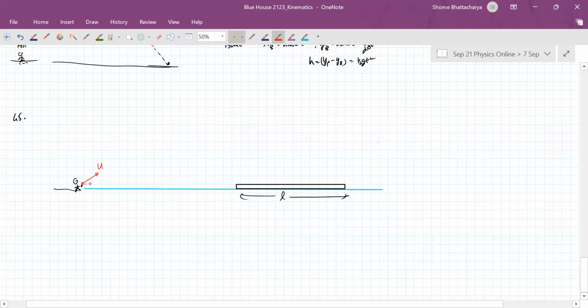Okay, very good. So one case is, let's say, alpha, when he throws and the ball just about reaches here. So this alpha will be the minimum case. And another case will be when he throws like this and it reaches there. Let's say this angle is beta. Beta is the maximum case.